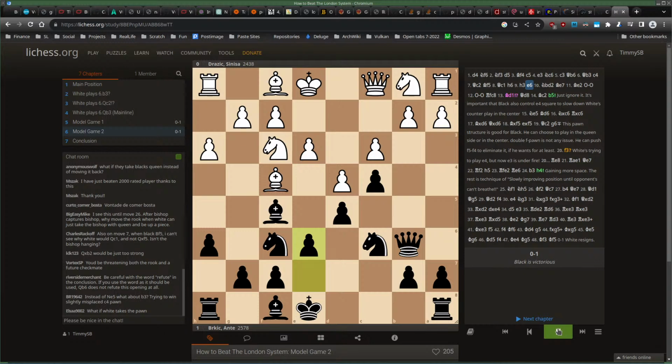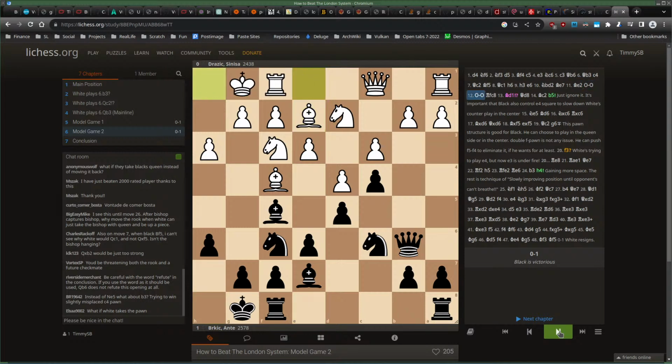H6. No, I would say bishop E7. Yep. Castle. Rook C8, FC8.